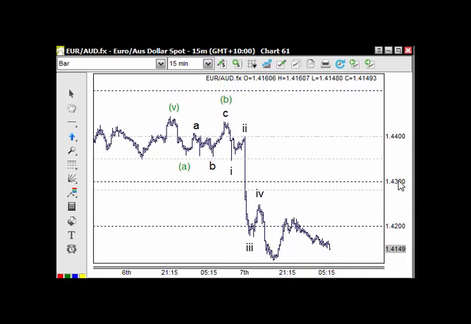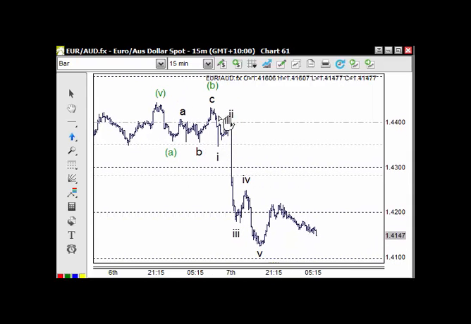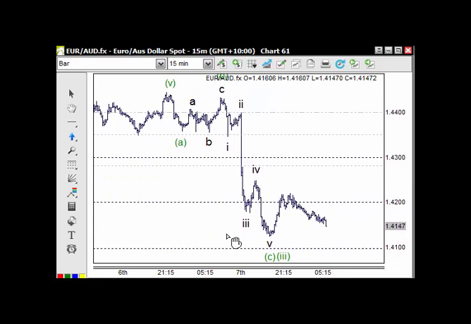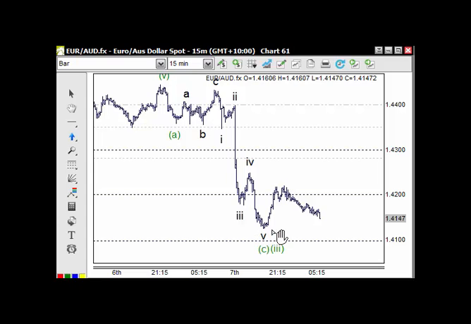So at this stage, we've got 5 waves down here. We can label that as an A wave, and A, B, and C for the B wave here. And then very clearly we have 1, 2, 3, 4, and 5. So 5 waves would make wave C. But at the same time, I've got wave 3 here. So in a nutshell, if we get a new low below here, then we've got 5 waves below here.